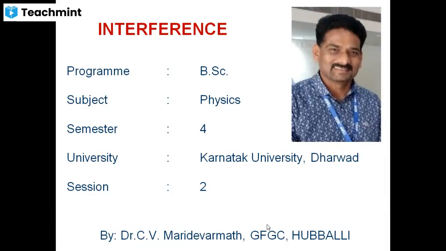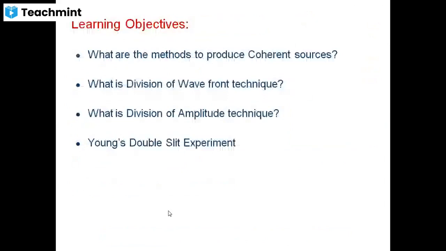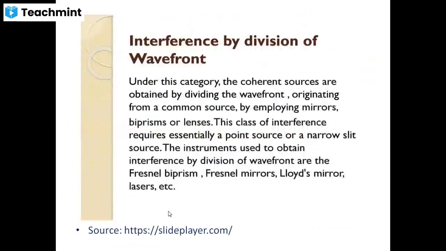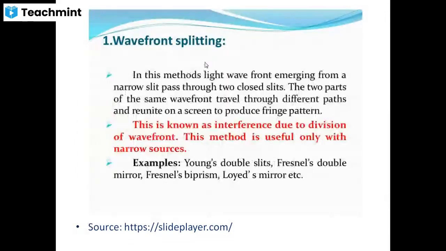Yes, sir, visible. Okay. So this is the second session we are discussing. In the last class, we discussed two different techniques to produce coherent sources. One technique is division of wavefront. In this technique, the entire wave is divided into two sections, and by dividing the wave into two sections, we produce the coherent sources.